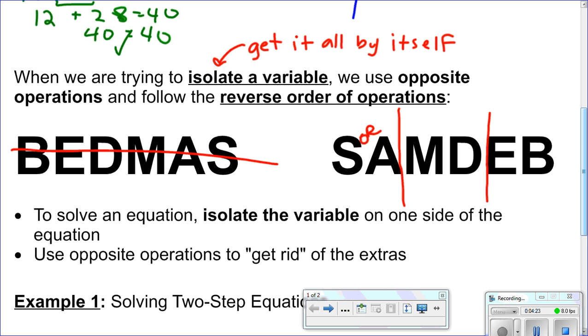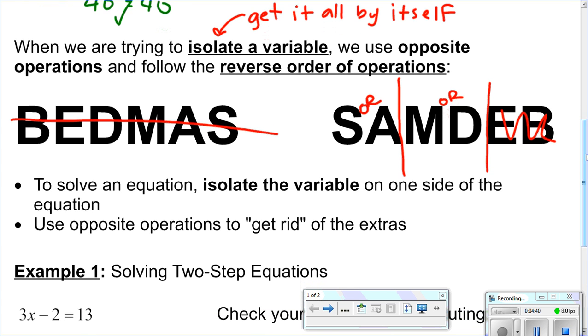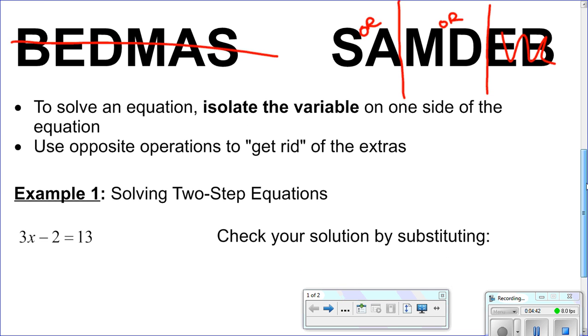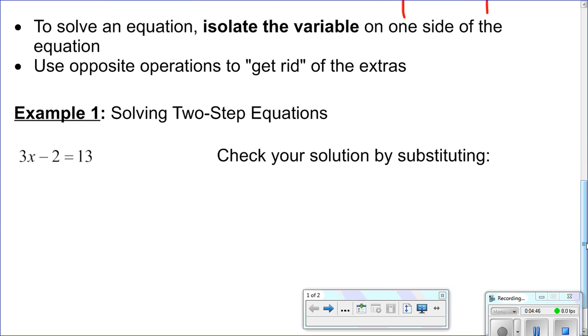Then we do multiplication or division, whatever comes first as we go left to right. And then exponents and brackets. We're not going to be worrying about those. So we're going to be doing backwards BEDMAS, getting rid of the constant before we get rid of the coefficients. It's just saying we're going to use opposite operations to get rid of the extras.